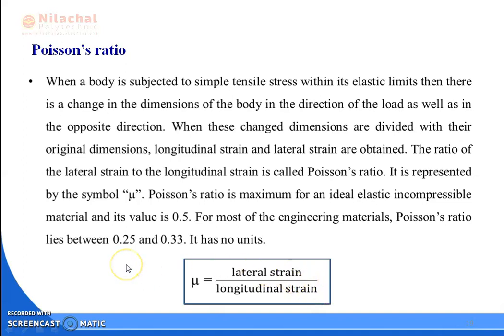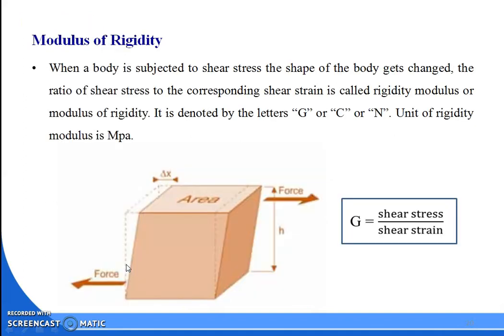The next one is the modulus of rigidity. It says that when a body is subjected to shear stress, the shape of the body gets changed. Obviously, when you give a shear stress to a body, the body is deformed.